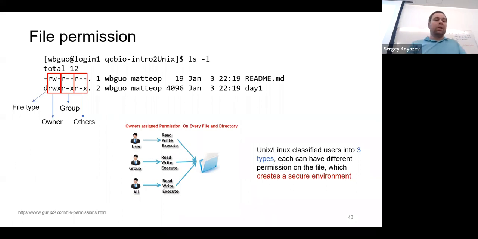The reason there are three letters is because there are three different types of permissions. So there are three types of assigning permissions: you personally, I mean the owner of the file, then the group of the file, and all others, right? And each one has three types of permission.